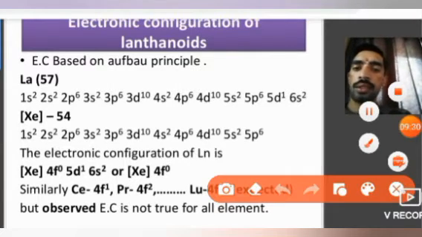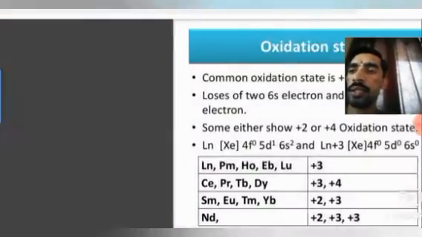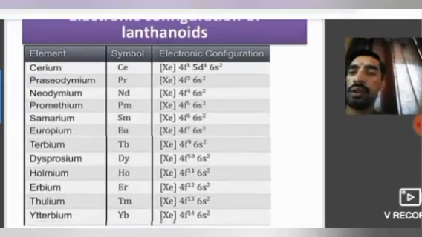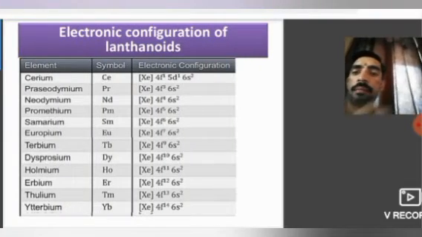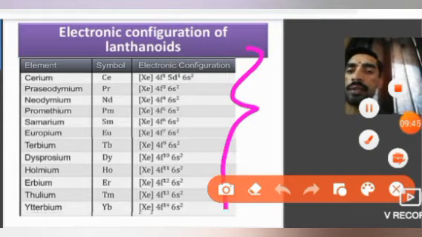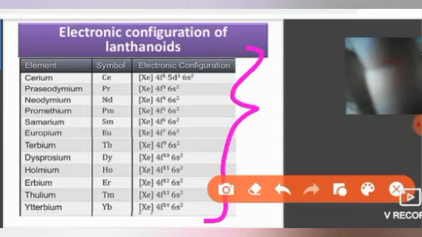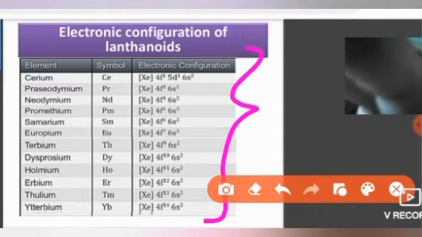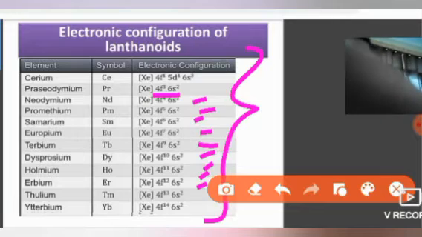Okay, so after this, for the electronic configuration of the lanthanides, just take a screenshot of this video, this page, and write down these electron configurations. If we look carefully, 4f1 and 4f2 are not there, 4f3 is there, 4f4 is there, 5, 6, 7 are there, 8 is not there, 9, 10, 11, 12, 13, 14 are there.